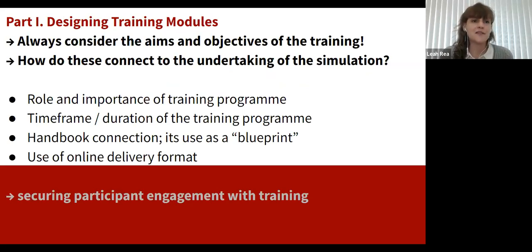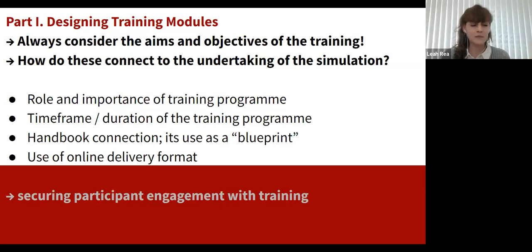In terms of starting from the beginning, I think this point cannot be emphasized enough. When designing the training component of any program, but also very specifically the Padova Model UPR, we must always consider what the aims and objectives of the training are. And then, arising from that, how do those aims and objectives connect with the undertaking of the simulation?